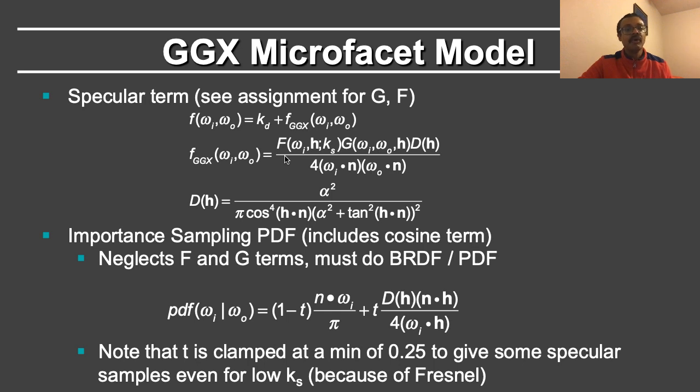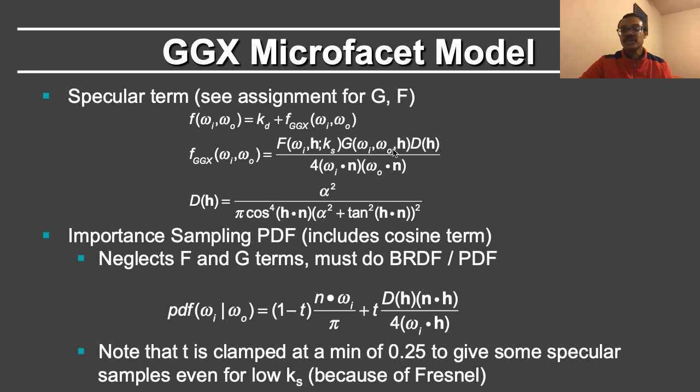A similar form is used in the Torrance-Sparrow BRDF, which was one of the original microfacet models in computer graphics. It has a Fresnel term, which corresponds to the idea that light that comes in at grazing angles, if you view the surface, you get a brighter specular reflection.